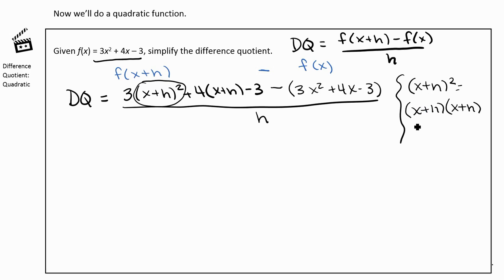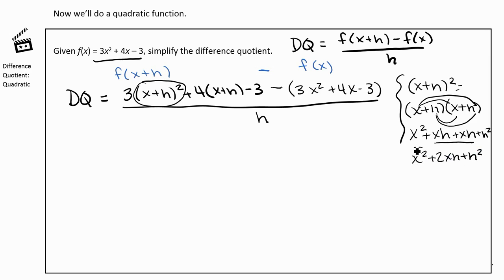So that gives us first x squared, outside xh, inside xh, and last h squared. If you haven't noticed, we do a lot of foiling in algebra. So if we combine our like terms, our xh's, we get x squared plus 2xh plus h squared.